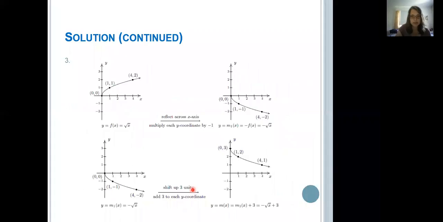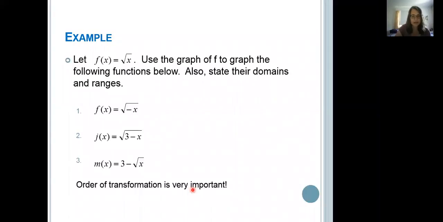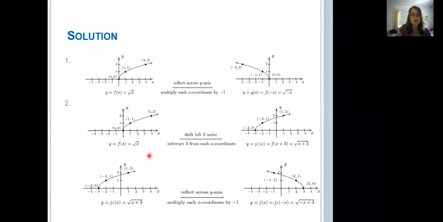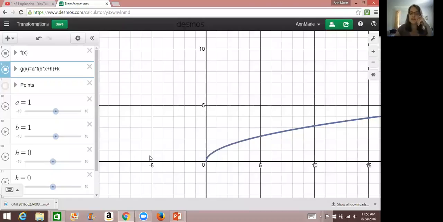Let's look at the bottom one down here. The easiest way to think about doing this. Let's look at number 3, because it's the most complex. Actually, let's talk about all of these. So, the domain of the square root function is 0 to positive infinity, right?